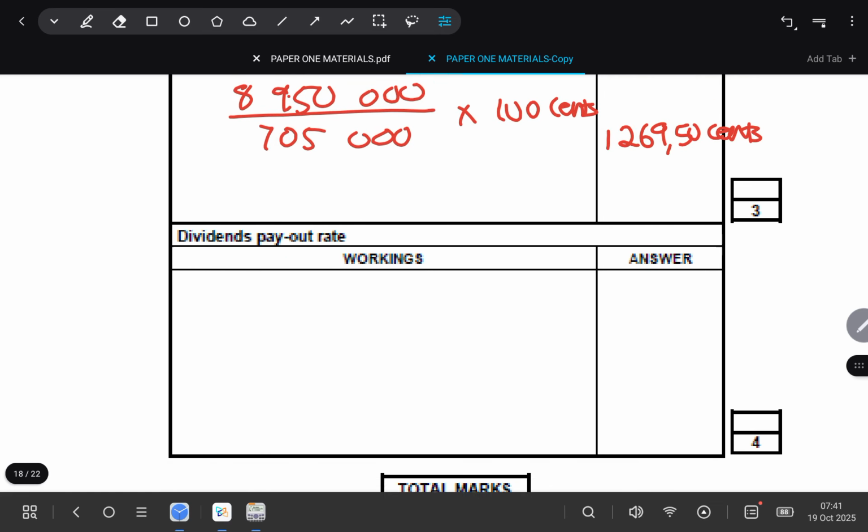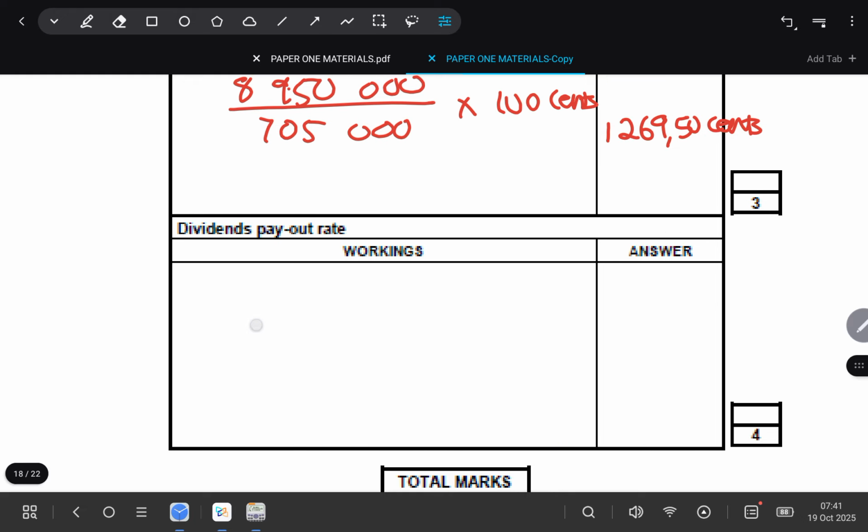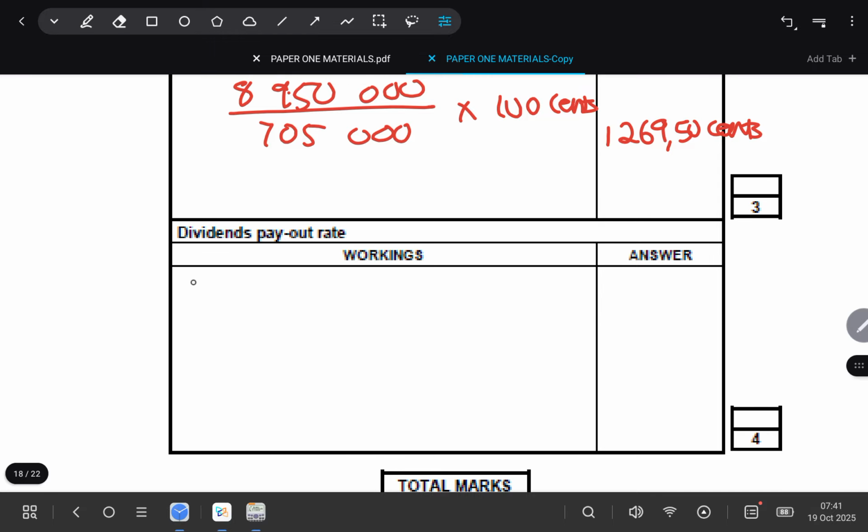And then next, he wants you to calculate the dividend payout rate. Now remember, in terms of a dividend payout rate, what you do, you need to check out of how much they earned, how much did they pay. So it means you would have your dividends paid. So to calculate it, I'm gonna write the formula.